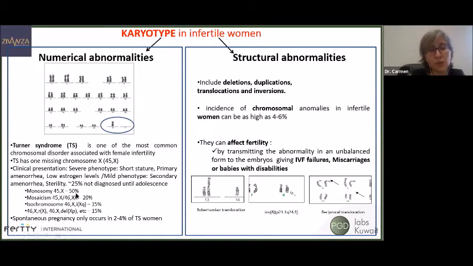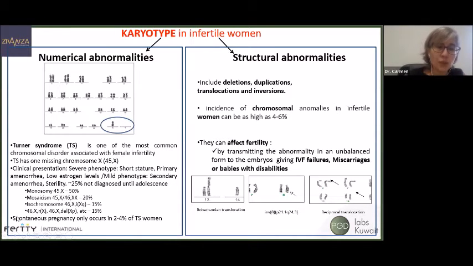We can find this monosomy in all the cells, or combined with some cells that are normal, which we call mosaicism, or there are other forms of Turner. But at the end, what they are producing is a lack of an essential part of one chromosome X. And we need both to be completely normal.